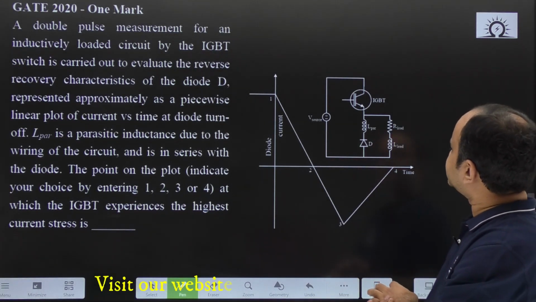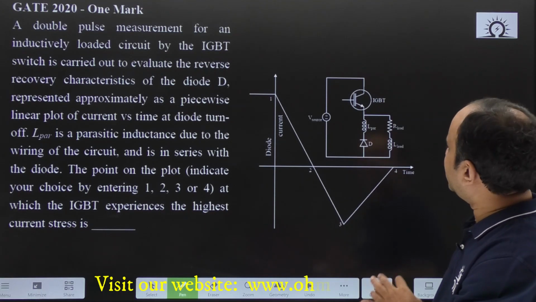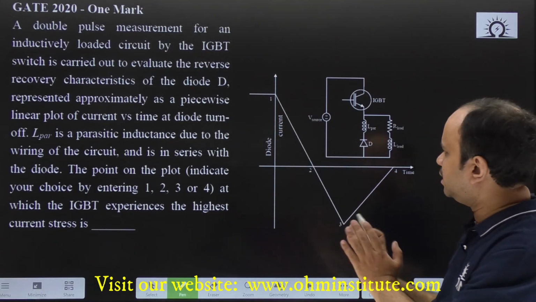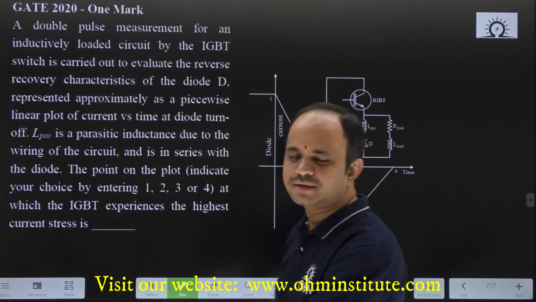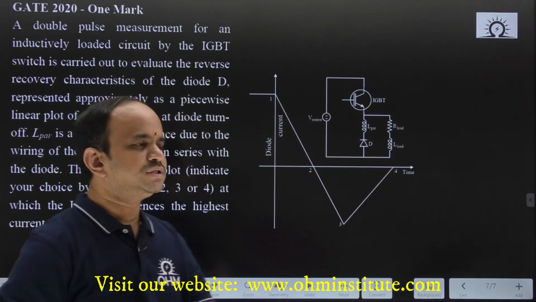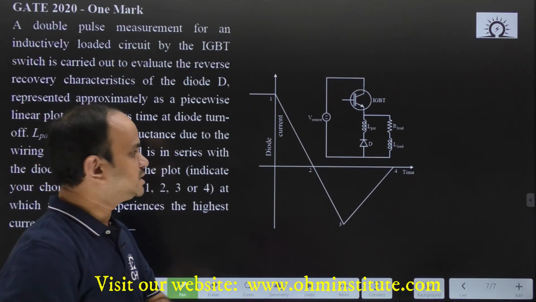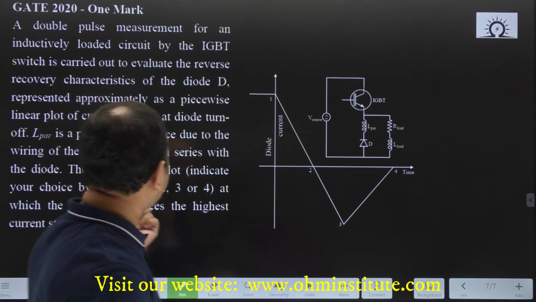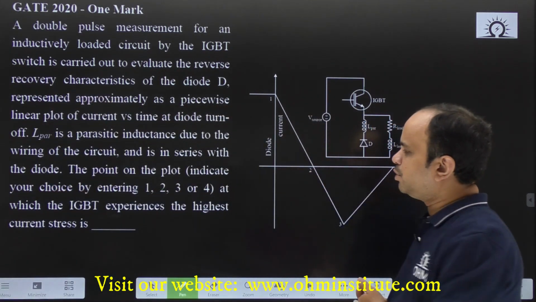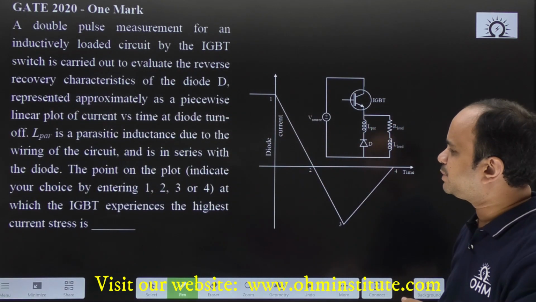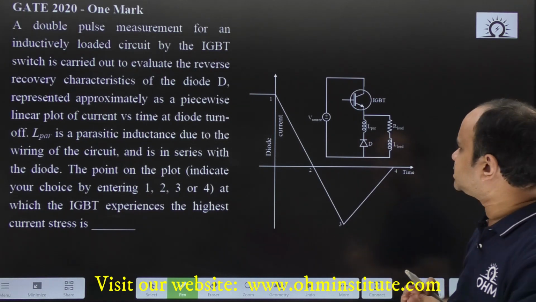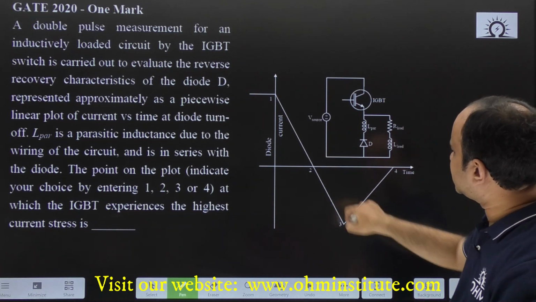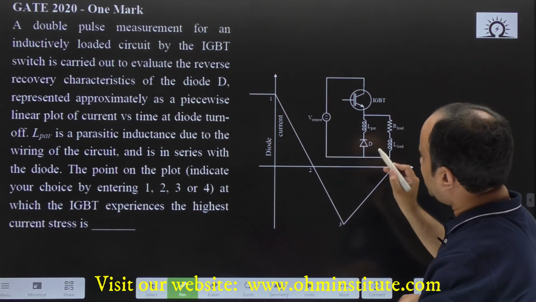So, in this case, the diode, see, this is a diode reverse recovery characteristic. Of course, strictly speaking, it will not be exactly a straight line characteristic, just for simplification it is given as a straight line characteristic. Now, we just need to identify the point where this IGBT experiences highest current stress. So, for example, this diode reverse recovery characteristic.